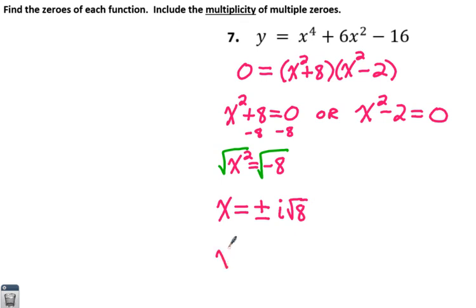So the bottom line is it's going to be 2 root 2. Root 8 you need to know is 2 root 2, or you just need to know how to simplify square roots, people. And you put the i right there, so it's 2 root 2 i. And so these are the zeros from here.